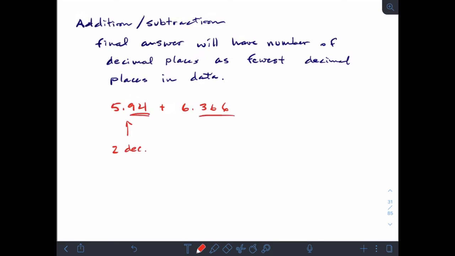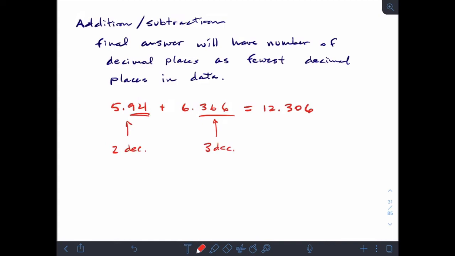This number has 3 decimal places, the 0.366. Okay, so when I punch those into the calculator, what it does is it spits out a number, 12.306.